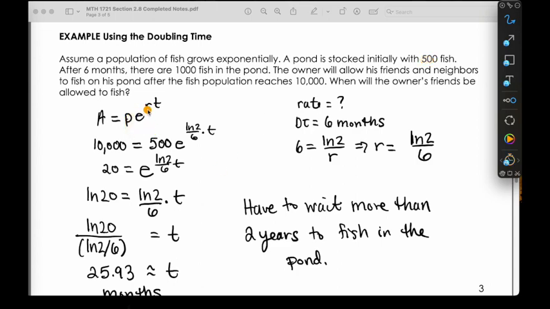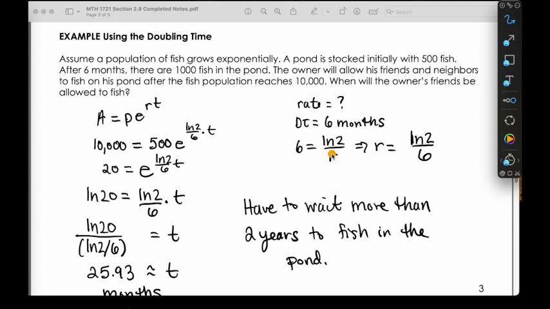We do not know what the rate is, and we're solving for the time, so we still need to know what r is. Now, we can use our doubling time formula to figure out what the r is, and then once we know what r is, we can solve the equation for t. So the doubling time formula is that your doubling time is equal to the natural log of 2 over your rate.